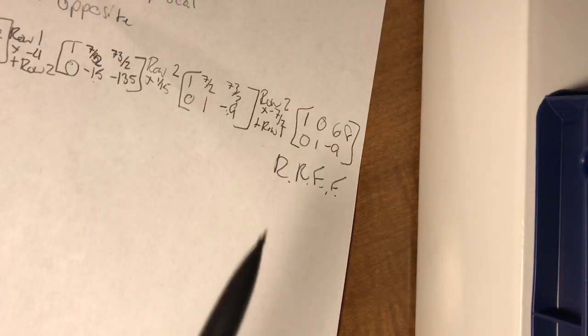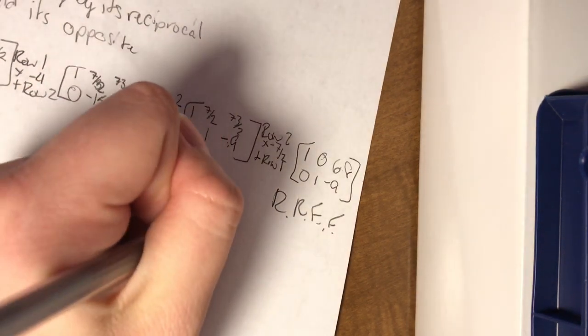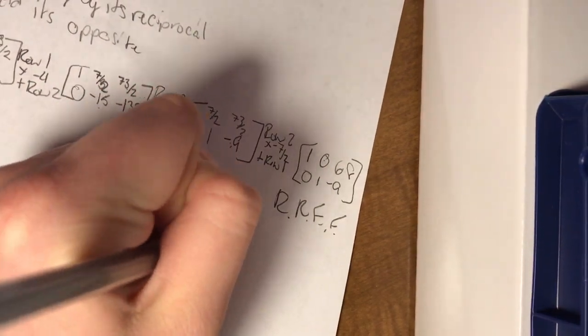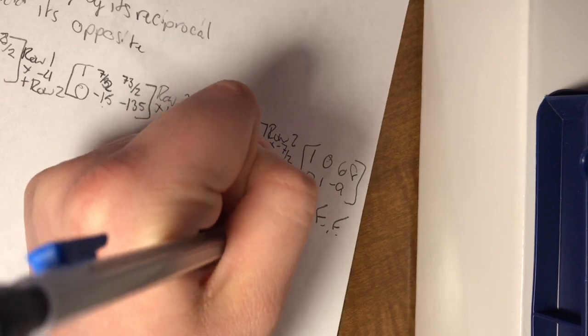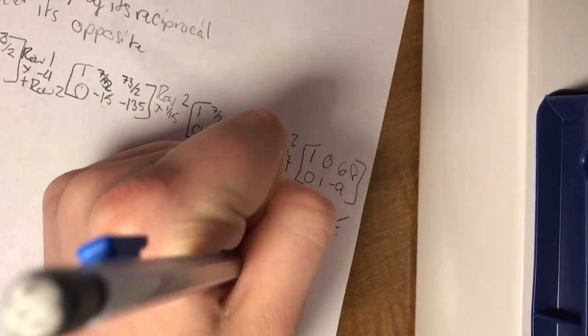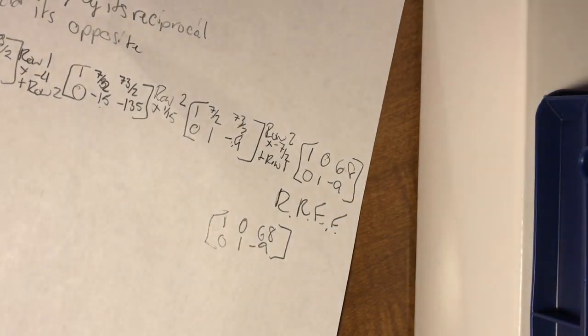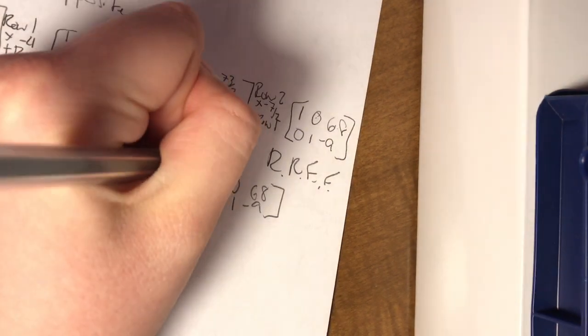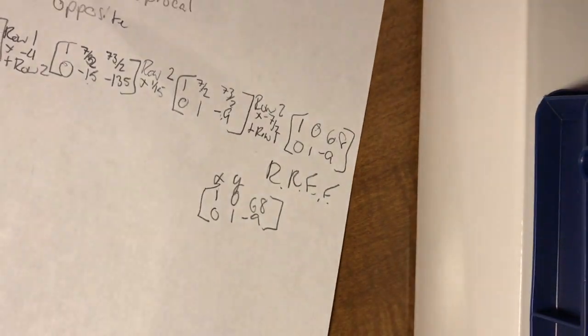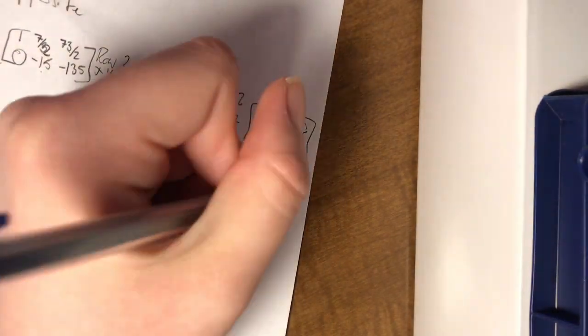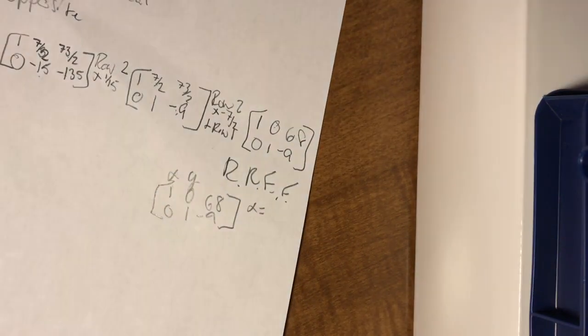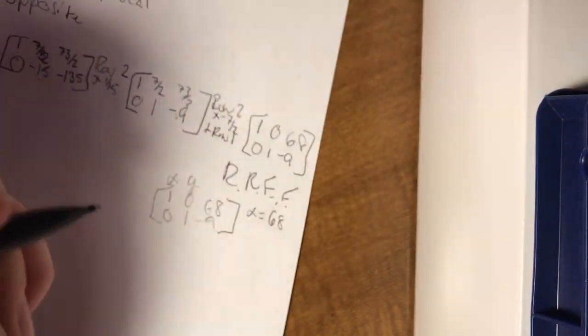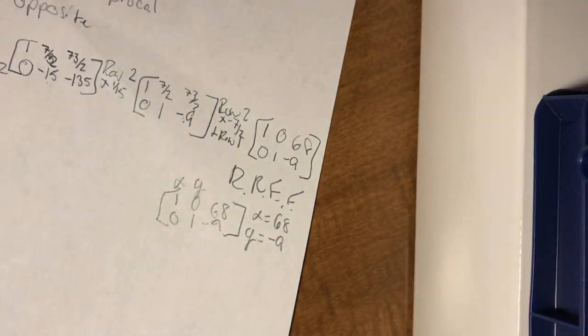After we find this, now we know the X and the Y. So it's just X equals 68 and Y equals -9.